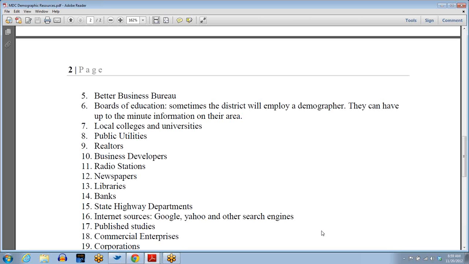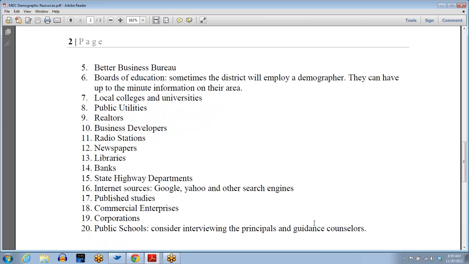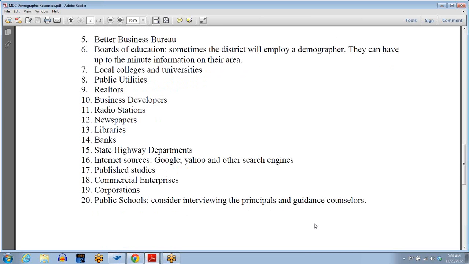Colleges, universities, utilities, realtors, business developers, radio stations, newspapers, libraries, lending institutions, on and on it goes. You have all these different sources that you can tap into to assist you with reaching out to them.